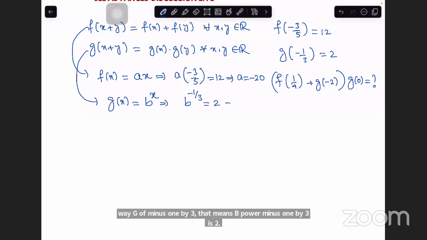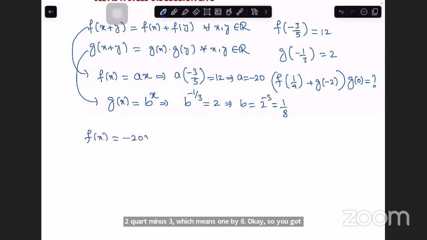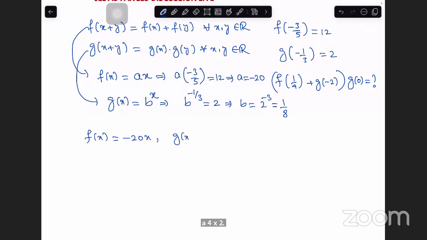So if you cube both sides and take power minus 1 on the right side, you get b equal to 2 power minus 3, which means 1 by 8. So you got f of x to be minus 20x and g of x to be 1 by 8 power x.